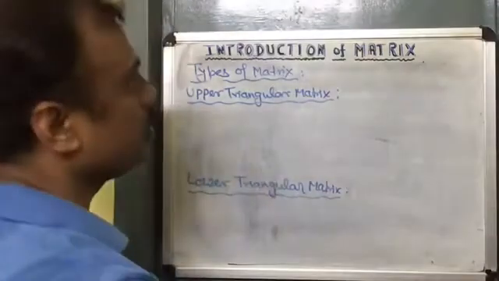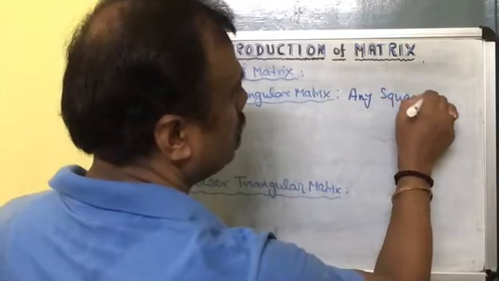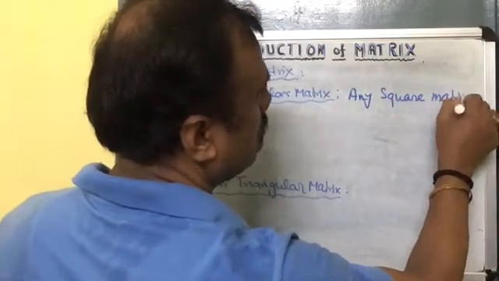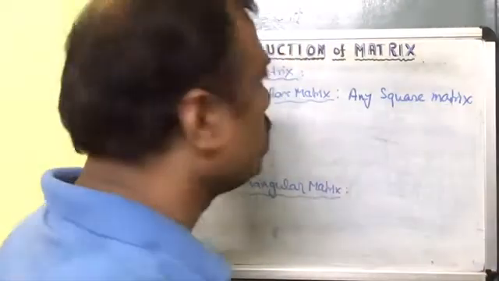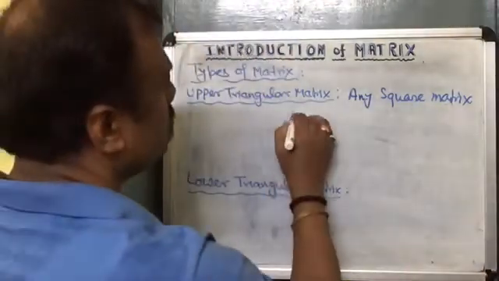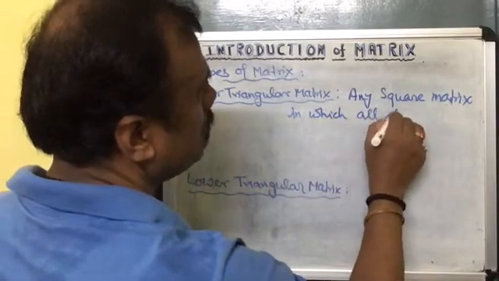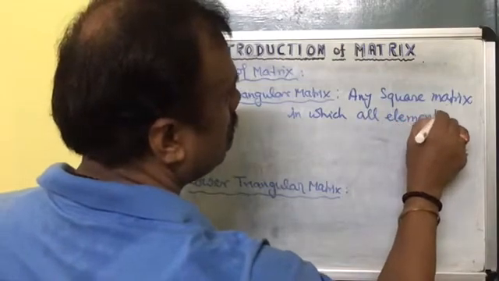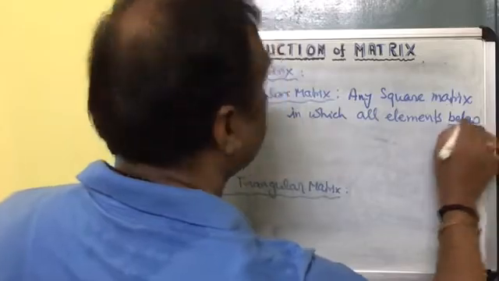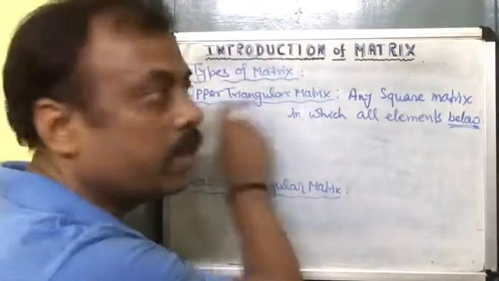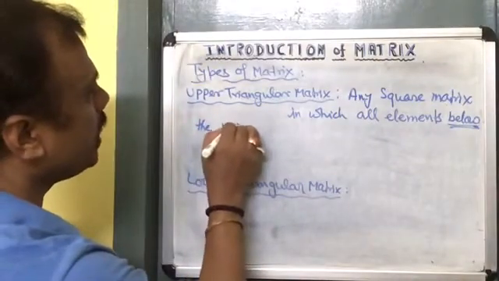So in an upper triangular matrix, the important condition is that any square matrix in which all elements below the main diagonal are 0. Remember it, if it is given upper, I will take below the main diagonal.